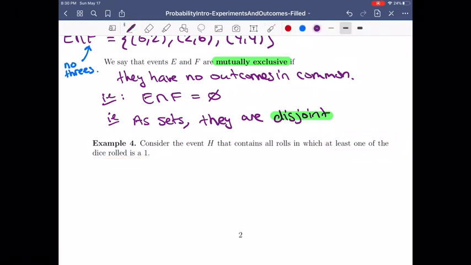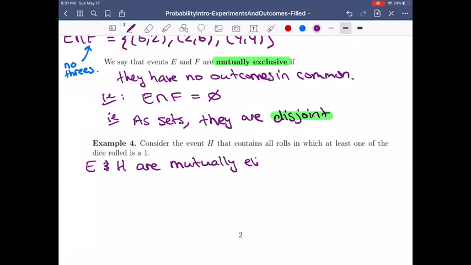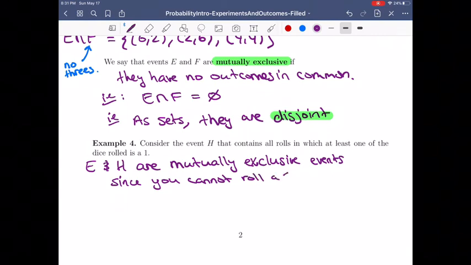I didn't actually say what we wanted to do here, but the point I want to make is that E and H are mutually exclusive events, since you cannot roll a 1 and also sum to 8. Those things can't happen at the same time, which means that the intersection of E and H is empty.